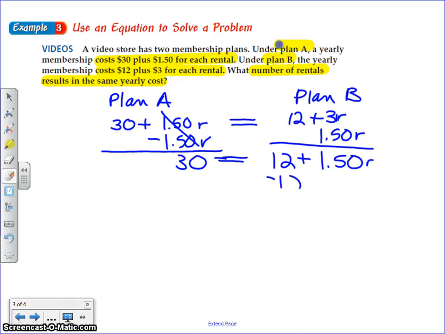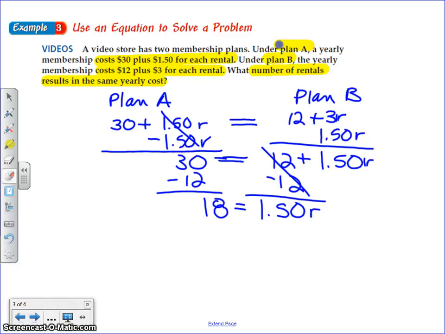Now I'm going to subtract 12 from both sides. And I get 30 minus 12 is 18 equals 1.50R. I have 1.50R. Now I'm going to divide both sides.